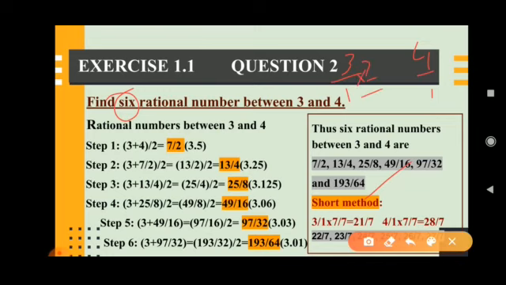Multiply both numerator and denominator by 7, so 21 by 7 and 28 by 7. In between we have 6 rational numbers: 22 by 7, 23 by 7, 24, 25, 26 by 7. If you divide those, the decimal numbers will be between 3 and 4. This is how to find rational numbers between two numbers, the regular method and the alternate method. Clear?